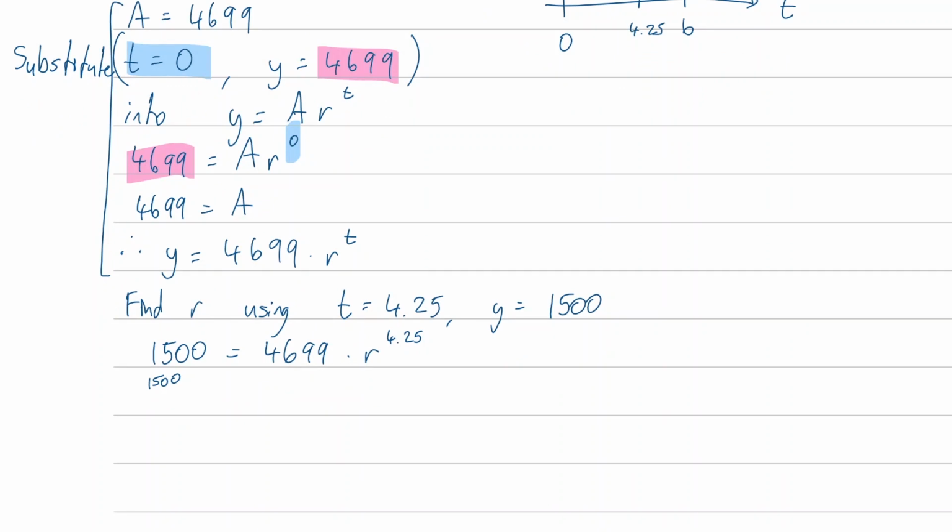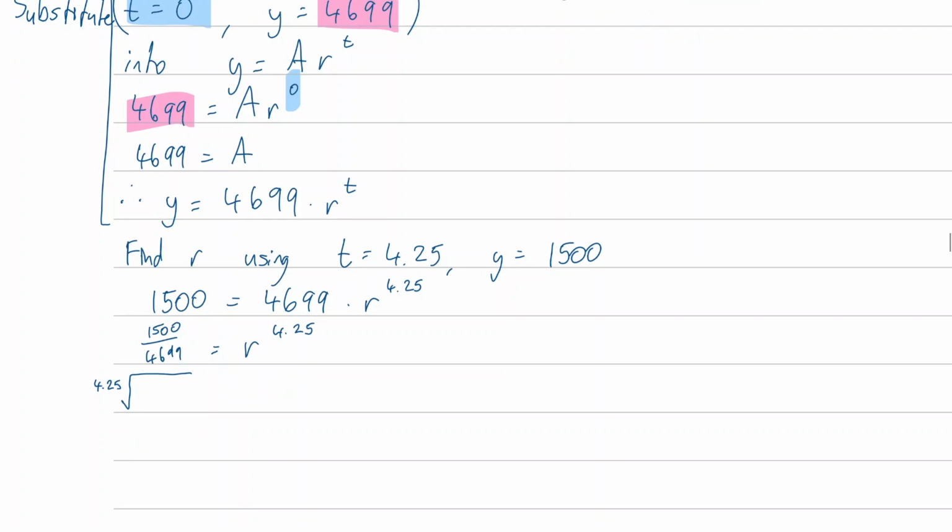So 1500 over 4,699 equals r to the power of 4.25. And we can take the 4.25th root on both sides. Sounds a little bit odd, but our calculator can do it for us, and that will just give us r.